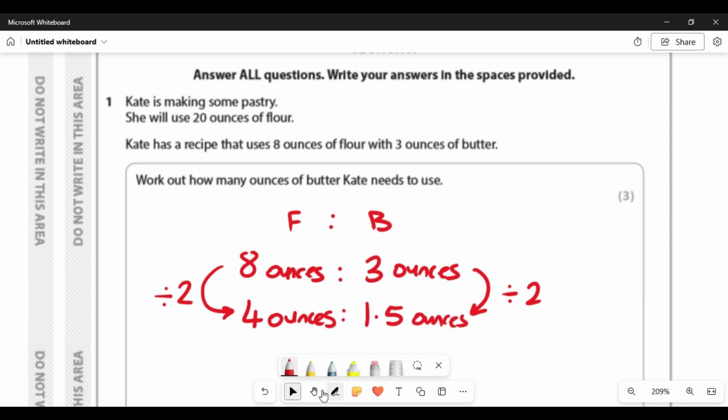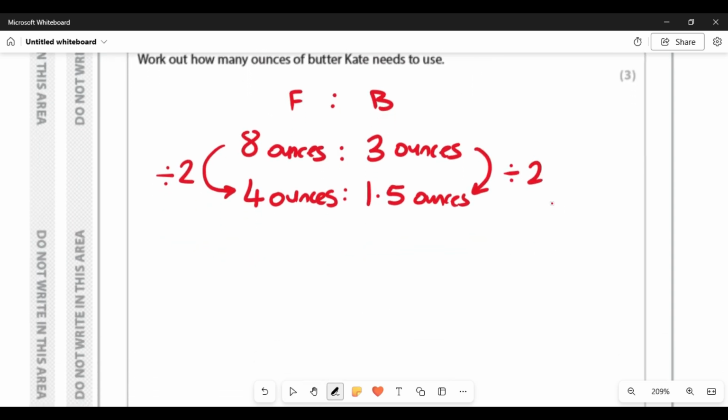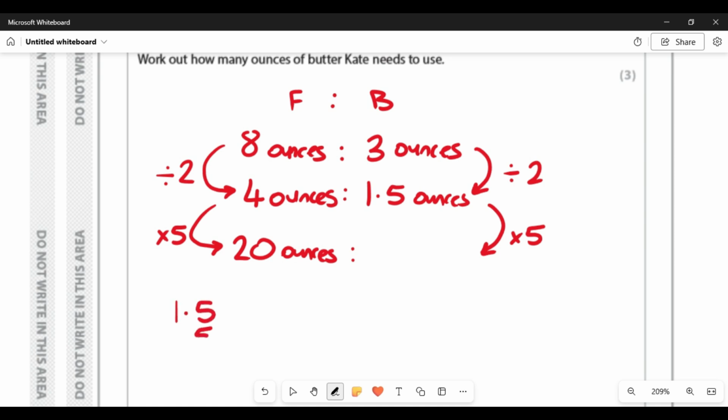And let me just move the screen down a little bit. We want 20 ounces for flour. So to get from this to this, how many 4s go into 20? Hopefully you should know that's 5 times. So you'll have to multiply by 5 on that side, times by 5 on that side. And if you're not sure how to do that, you could just do 1.5 times 5.